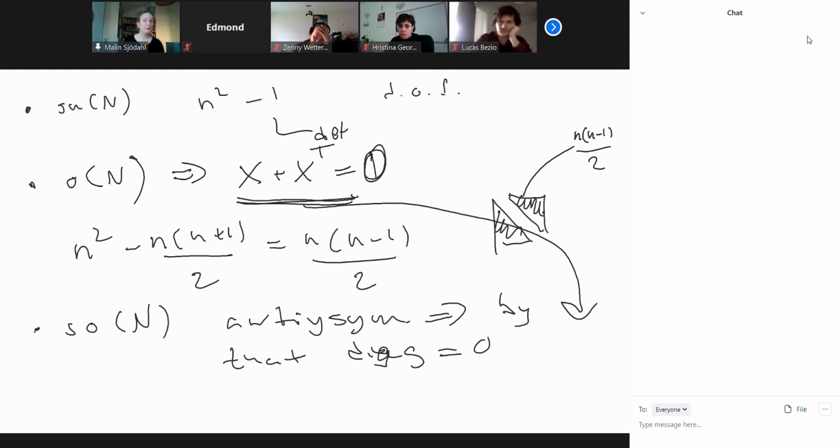So no further restriction in degrees of freedom. The additional degree of freedom that we have for O(n) is not a continuous parameter. So SO(n) is all rotations.